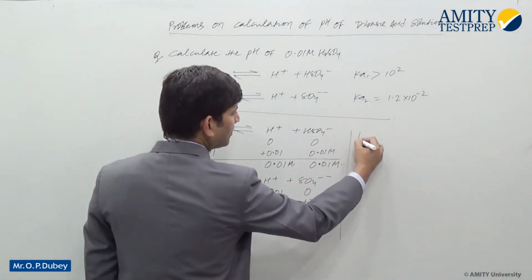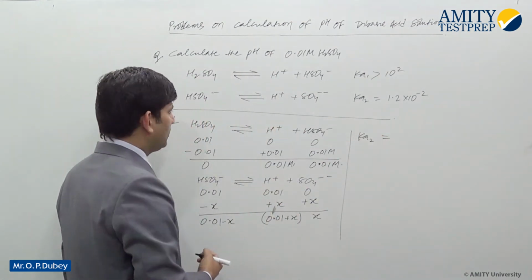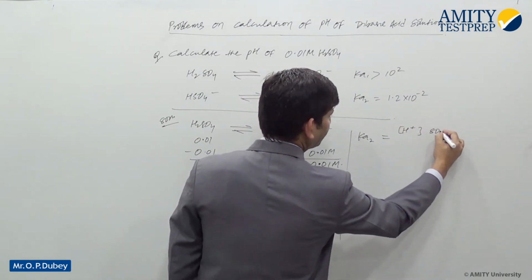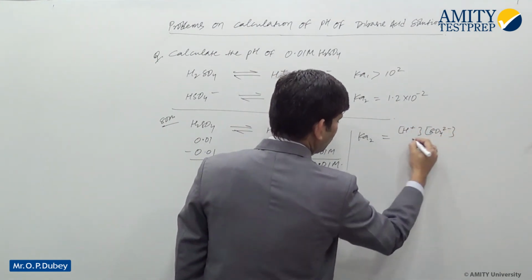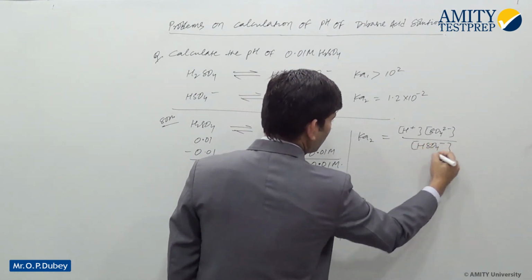From the second dissociation constant, we can write the dissociation constant expression, which is H plus ion concentration multiplied by SO4 2 minus ion concentration upon HSO4 minus concentration.